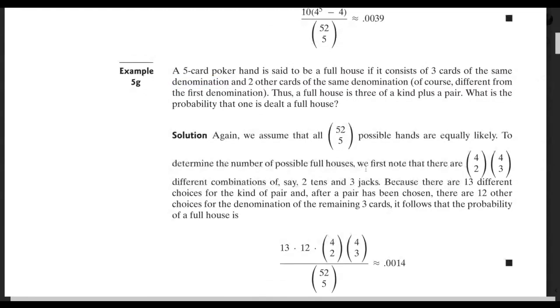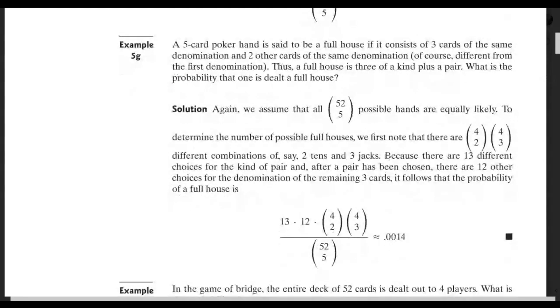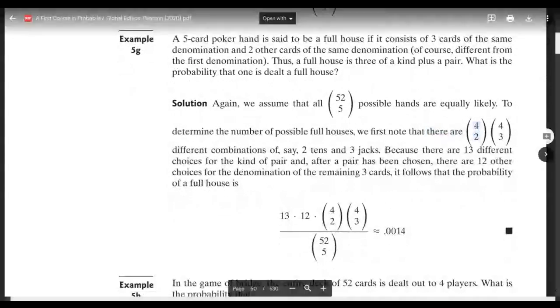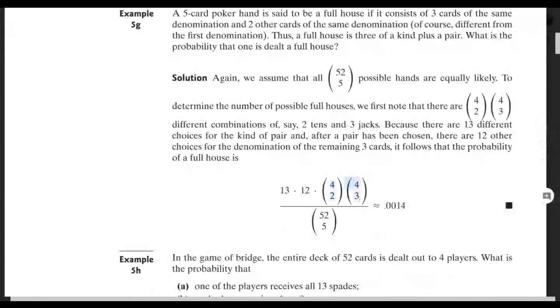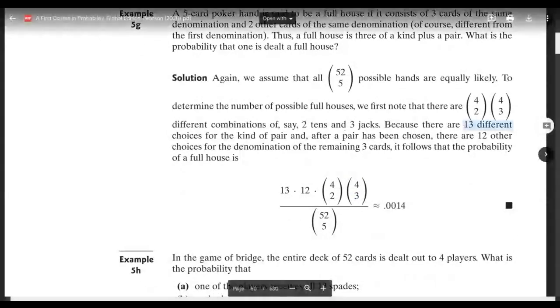So we first know that out of 4 cards, choose 2. We have 4 of the same denomination, and we want to choose 2 of them. Then 4 of the same denomination, we want to choose 3 of them. By the counting principle, we multiply those 2. But how many denominations? Those cards could be any one of those 13 denominations.